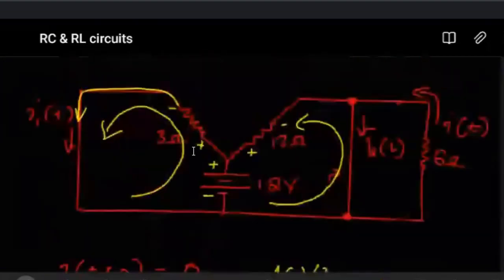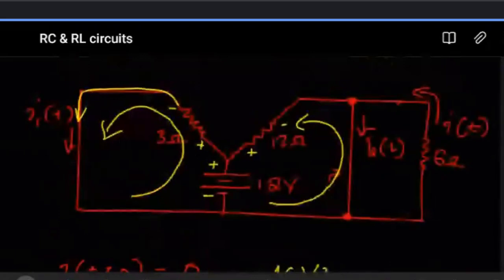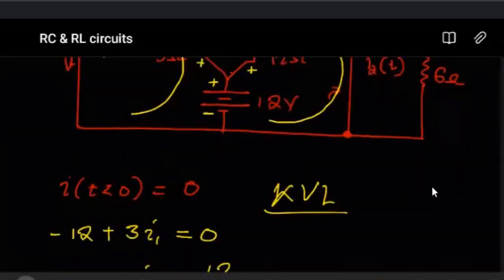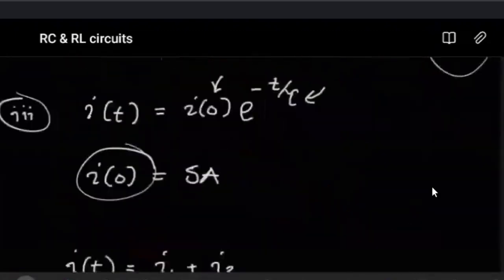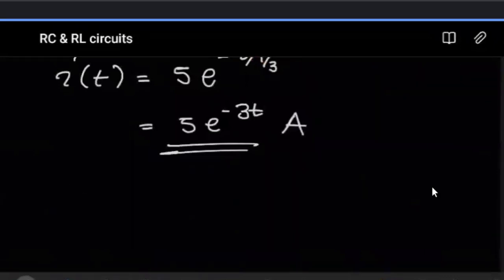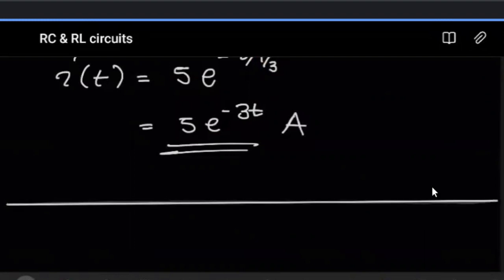Good question. When they ask for I at 0, they're asking for the initial current when the power source was connected. It's the starting point. I want to be very careful in answering that question, because there are actually 2 states which are possible.